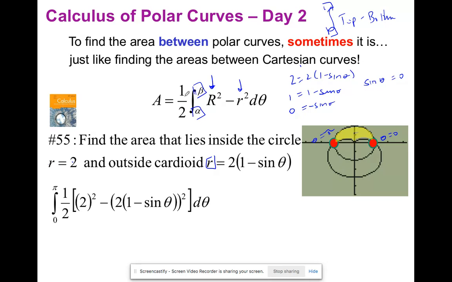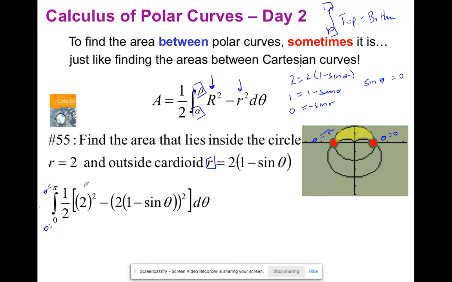So here I go. There's my 1/2. Here are the points of intersection: theta equals 0, theta equals pi. Who had the larger area? Where did most of it come from? Was it the circle? Can you tell that most of the area is from the circle?